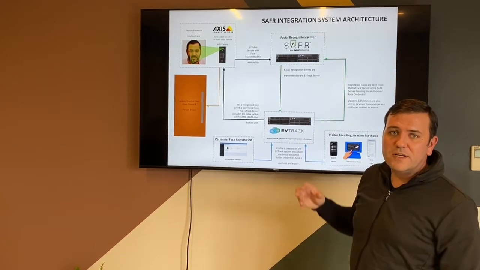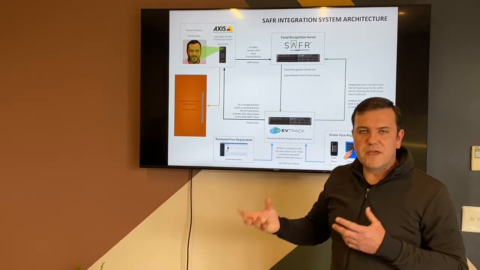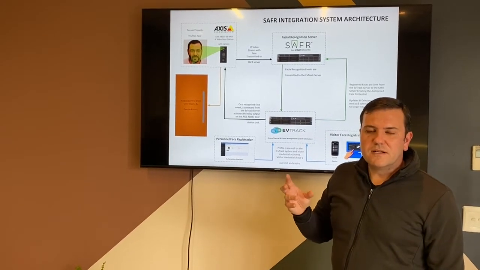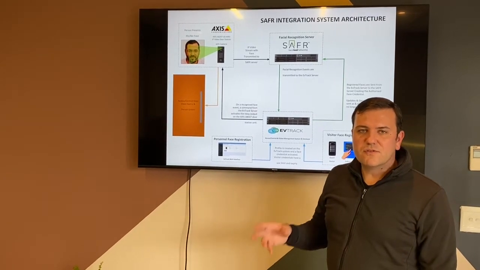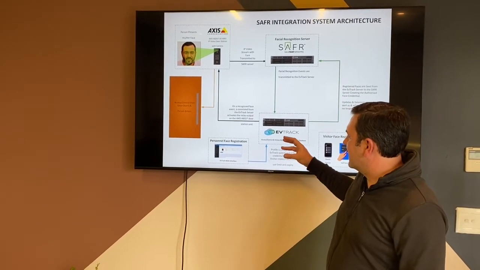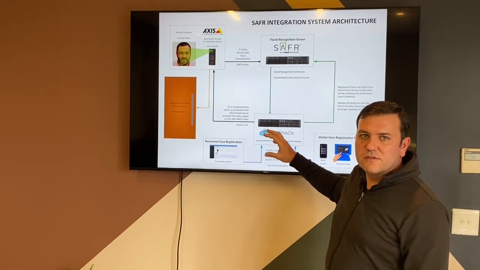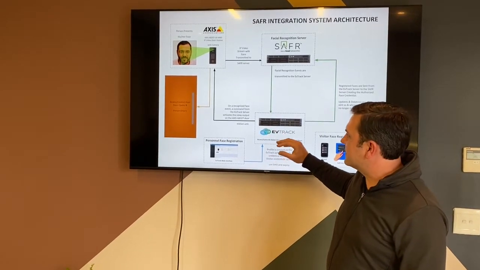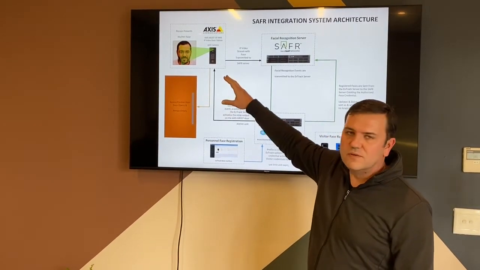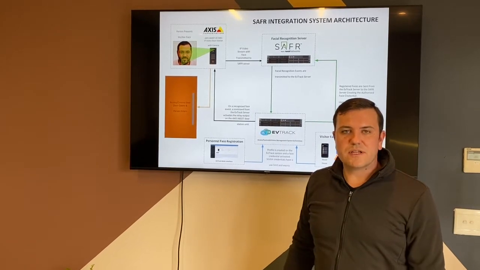Within EvTrack, we have a sort of embedded door controller that allows the schedules and access controllers to be applied, and once access has been granted based on that, we then trigger the relay output on the IP door station.